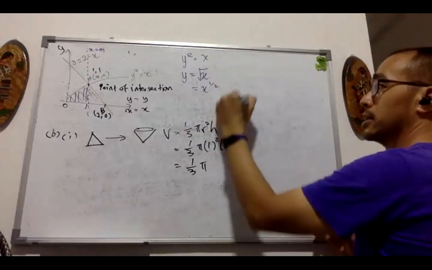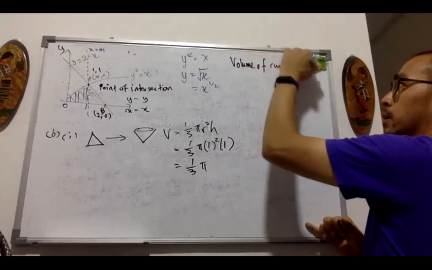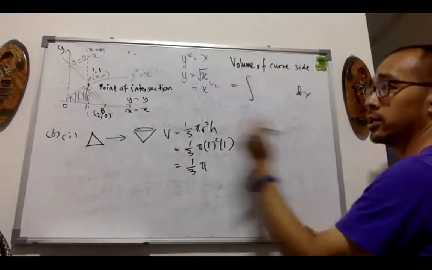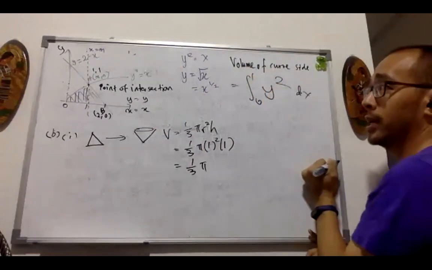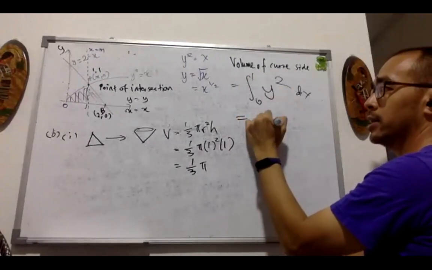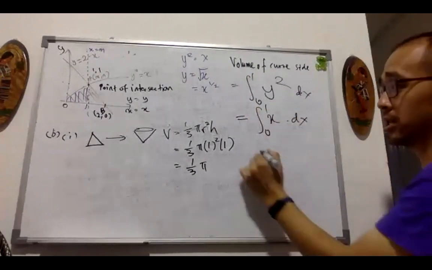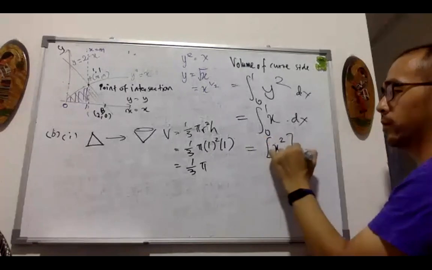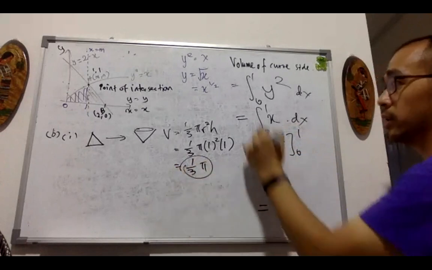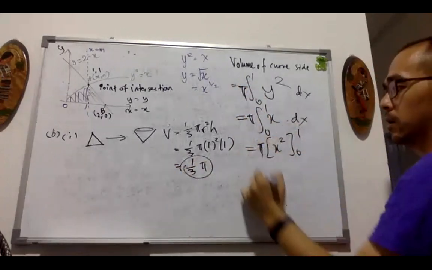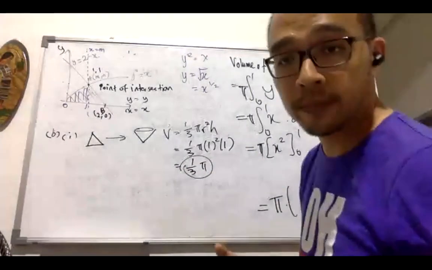Since we're using the x coordinate, the volume of the curve side is definitely from 0 to 1, using pi y squared. We find that y squared is x, so integrate x dx from 0 to 1, which becomes a very simple integration. Then this volume plus this volume. Oh sorry, there's a pi in front. Whatever answer in pi, you add here, then you get the answer.